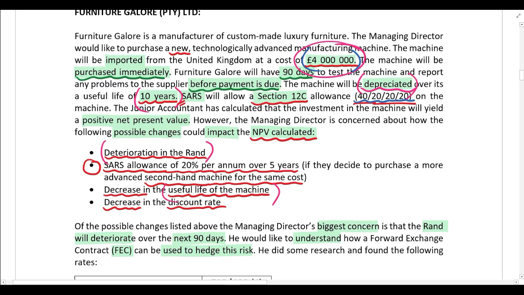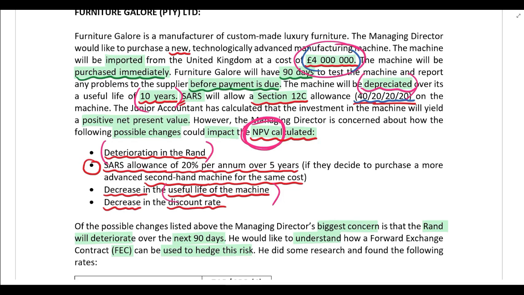Also, if the cost of the machine changes because the rand deteriorates, then obviously the depreciation amount every year will change. However, it's important to note that this will not have any impact on the net present value, because remember, depreciation is not a cash flow, so it's not included in the NPV analysis. We only include cash flows in the NPV analysis. More specifically, future cash flows that directly relate to the project.